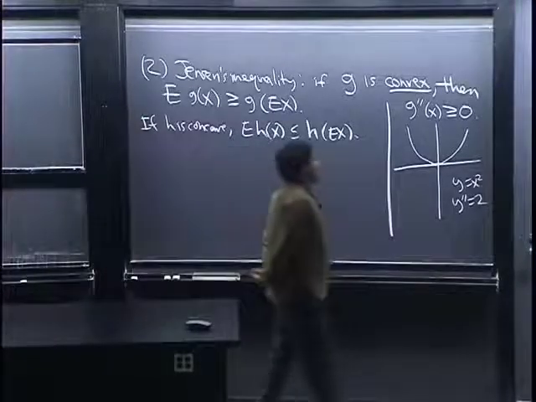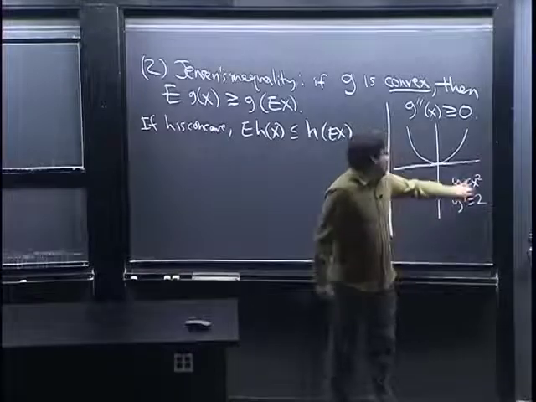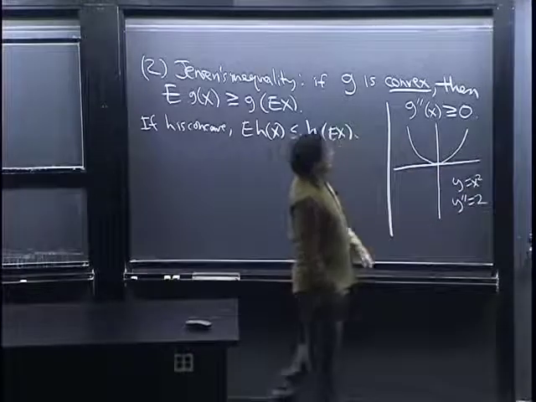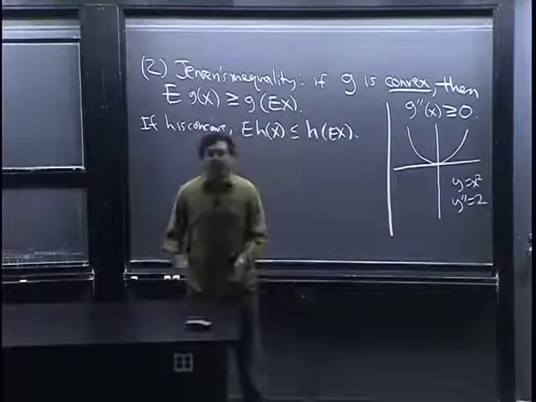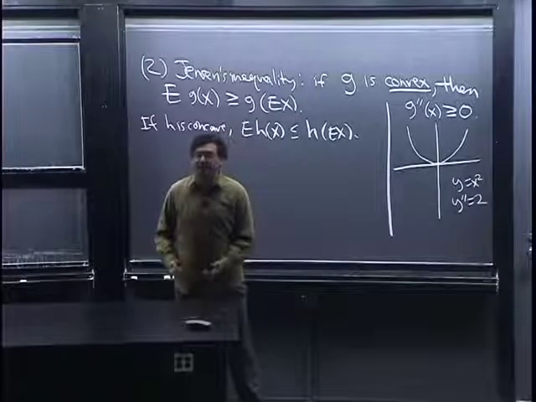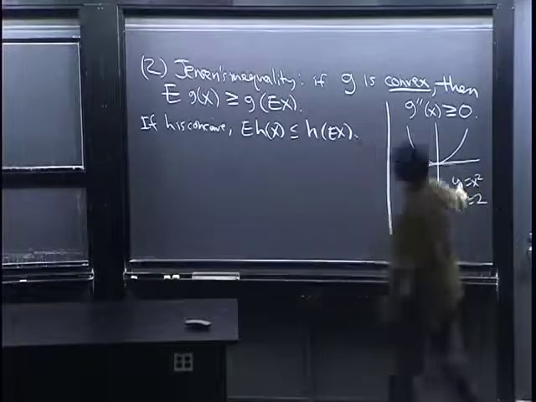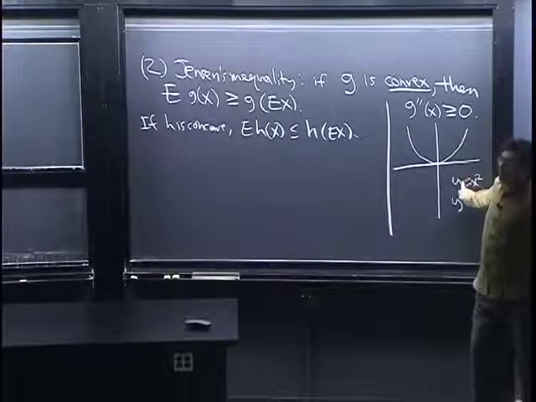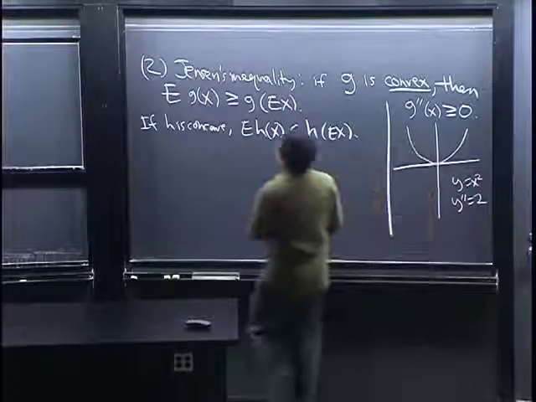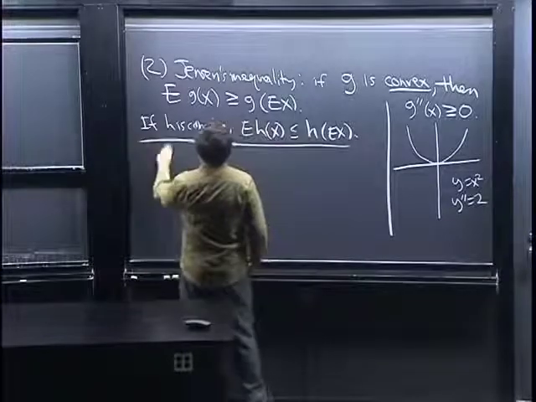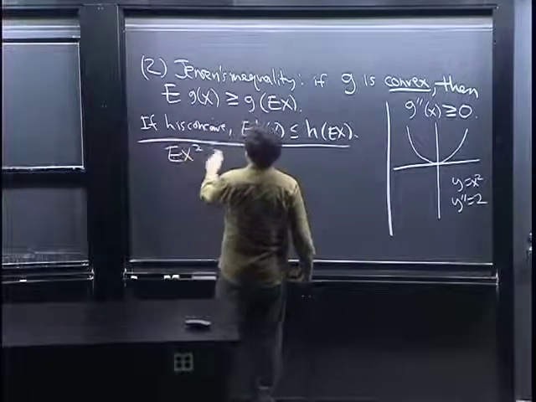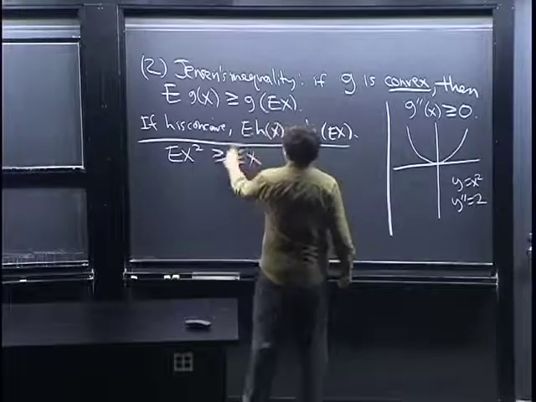So the way I remember it is just remember that this is convex. You just have to remember one simple example of a function that's convex, and then go back to this picture. And this one is an especially good example to think about, because we already knew that E of X squared is greater than or equal to E of X, quantity squared, the other way.